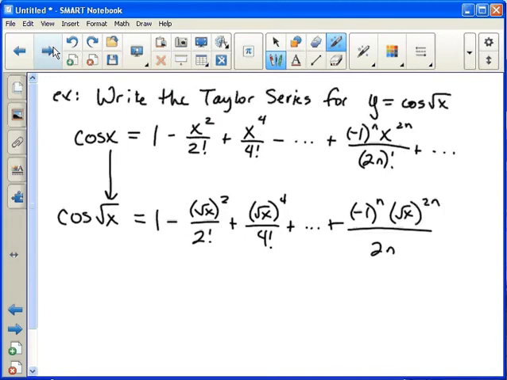Okay, one thing I will point out, if you notice right here, in the original I had a minus there and then I put a plus. It doesn't matter a whole lot whether you put minus or plus right there. The reason I put minus in the first one is the next term is going to be subtracted, so that's completely fine to do that. And in fact, that's the only time you should ever put minus, is if the next term is going to be subtracted. You can see that cosine is alternating.